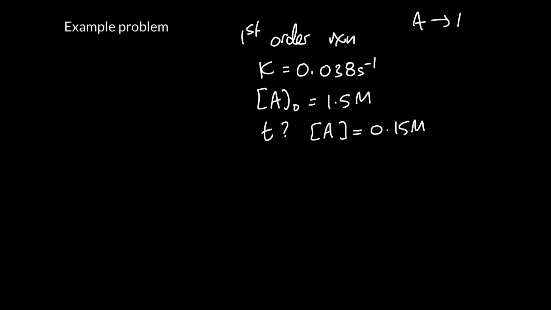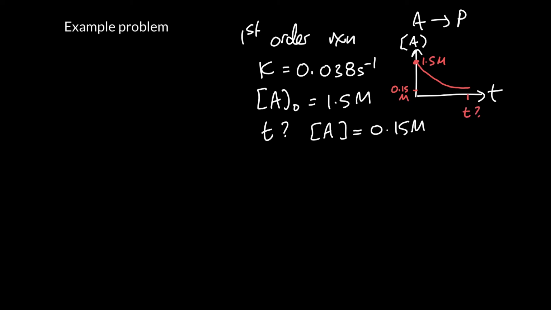So we've got some kind of reaction A going to form products, so we're keeping this pretty generic. We know that the concentration of A will drop over time, and it's going to be an exponential decay, we'll talk about that later. We're starting out with 1.5 moles per liter, and we're ending up at 1/10 of that, so 0.15 moles per liter. So the question is, what time does that occur at?